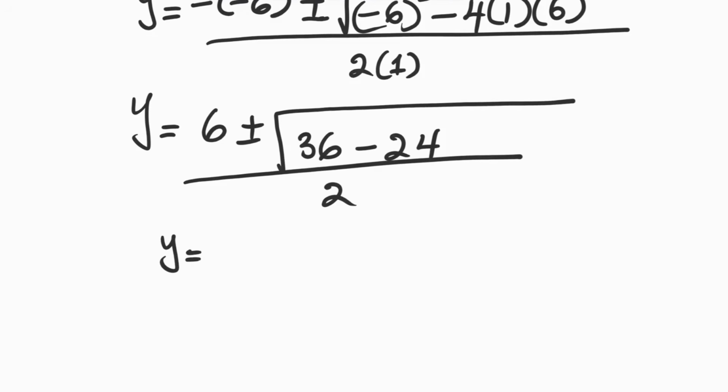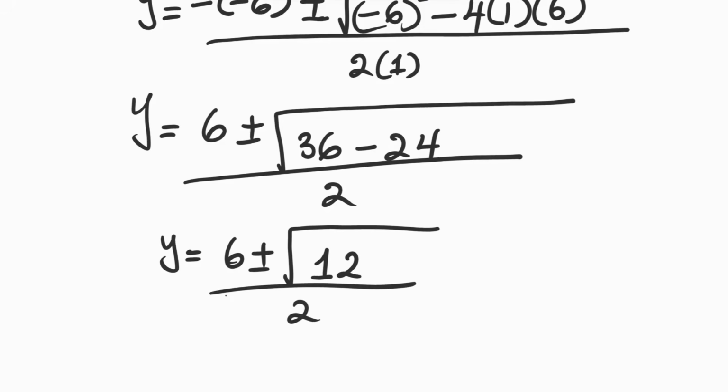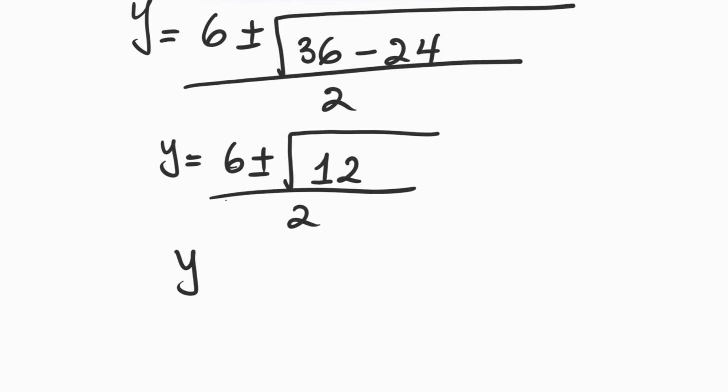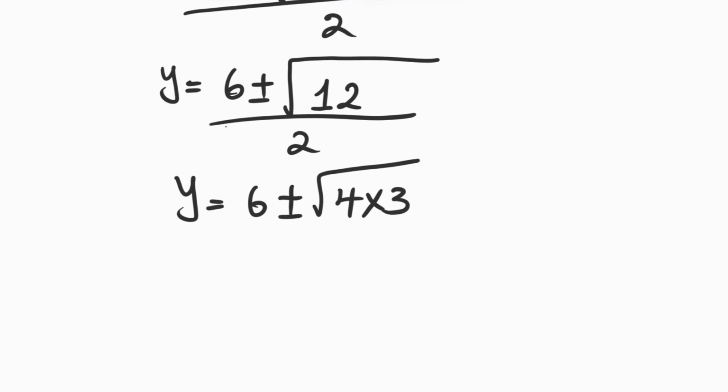So y is equal to 6 plus or minus the square root of 36 minus 24, which gives us 12, all divided by 2. Now we can rewrite what we have under the square root as 4 times 3, because 4 times 3 is 12.